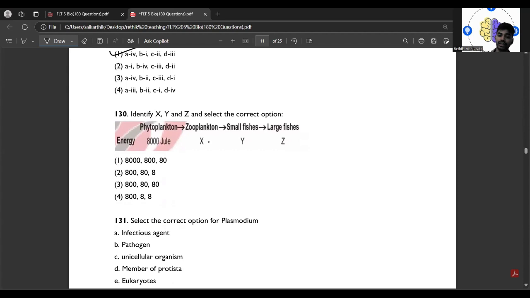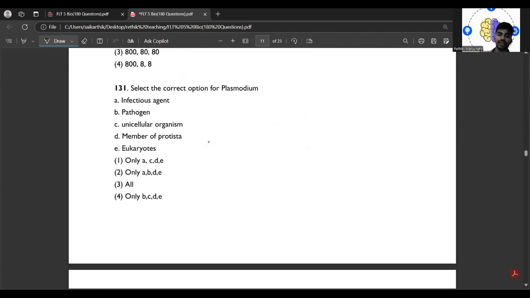Next we have 130. Identify X, Y, Z and select the correct option. For this it is the second one. According to the 10% rule, only 10% of energy is transferred from one trophic level to the next trophic level.